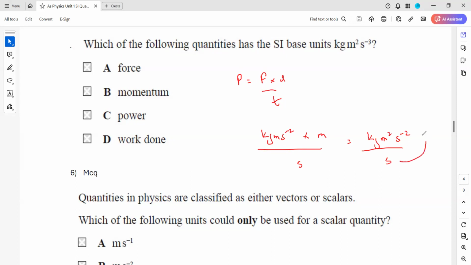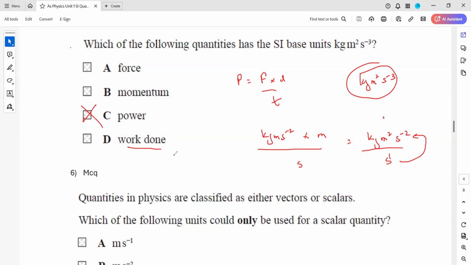This becomes second minus 3, because when we move the denominator to the numerator, the power changes sign. It is 1 here, so it becomes minus 1. Minus 2 is already there, and minus 1, so this becomes minus 3. So kilogram meter square second raised to power minus 3. That's why C is the right answer.